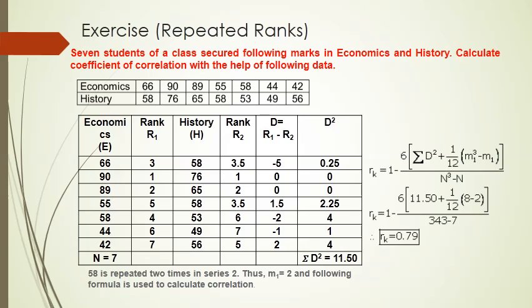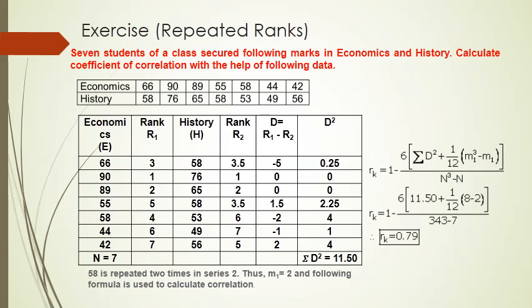And here we know that 58 is repeated 2 times in the series, so M1 will be equal to 2. There is only one repeated rank, so it will be only M1, not M2. So the formula is 1 minus 6 times summation of d square plus 1 by 12 m cube minus m. So 6 into 11.50 plus 1 by 12 into 2 cube is 8 minus 2, that is 6.